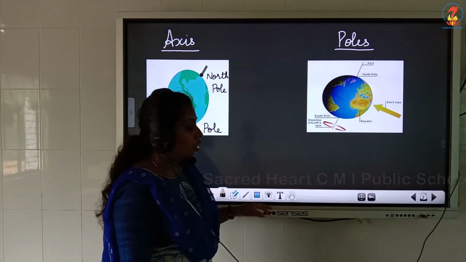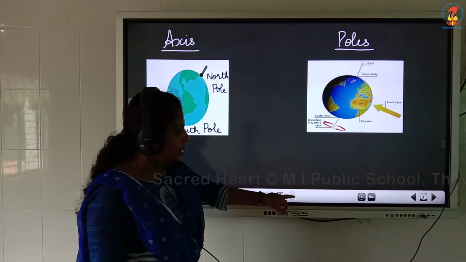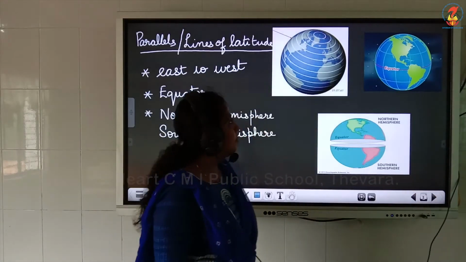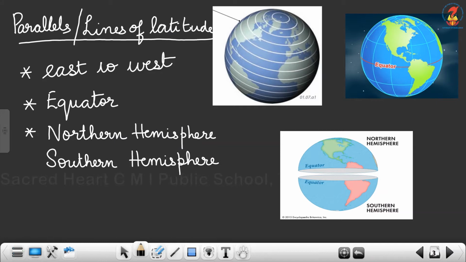Now let's move on to the important imaginary lines on the Earth's surface. They are called parallels or lines of latitude. Now we have to know what a parallel is. Parallels are the imaginary lines that run on the Earth's surface from east to west.